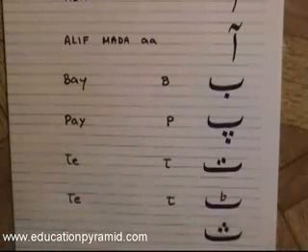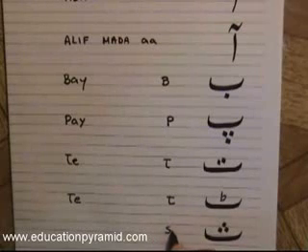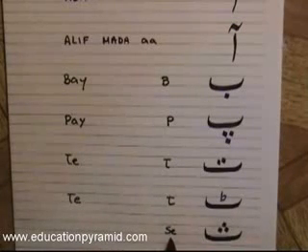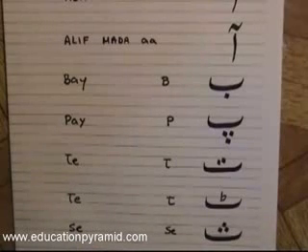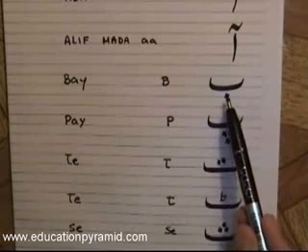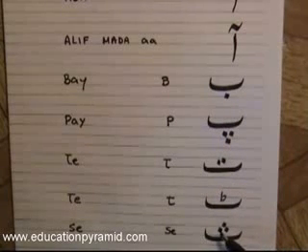So the sound will be se, s sound. So this is one set: be, pe, te, te, and se.